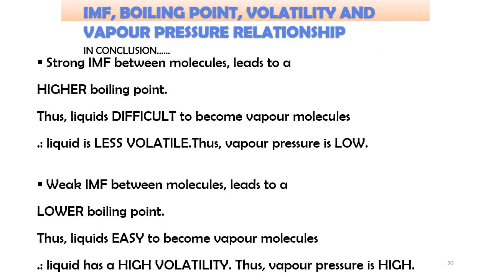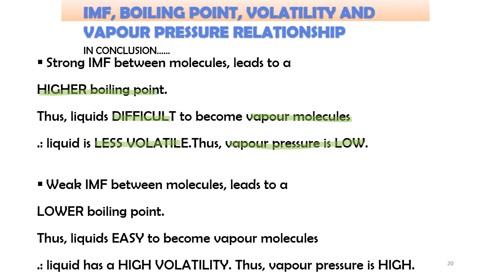So in conclusion, strong intermolecular forces between the molecules will lead to a higher boiling point. Thus, we say that the liquid will be difficult to become vapor molecules. Thus, it is less volatile. Vapor pressure will also become low.